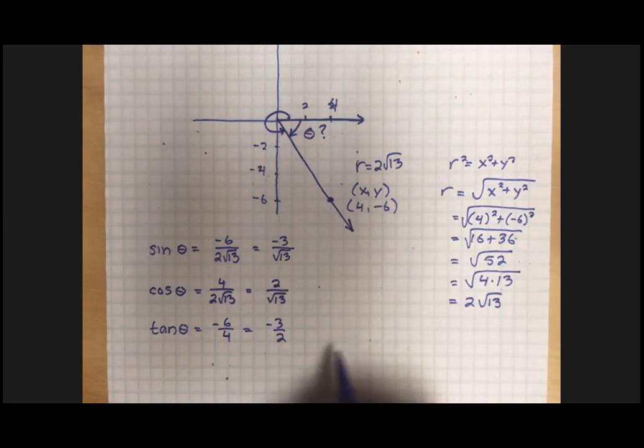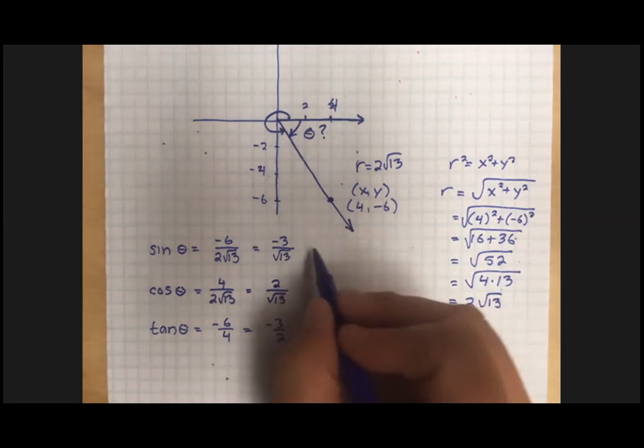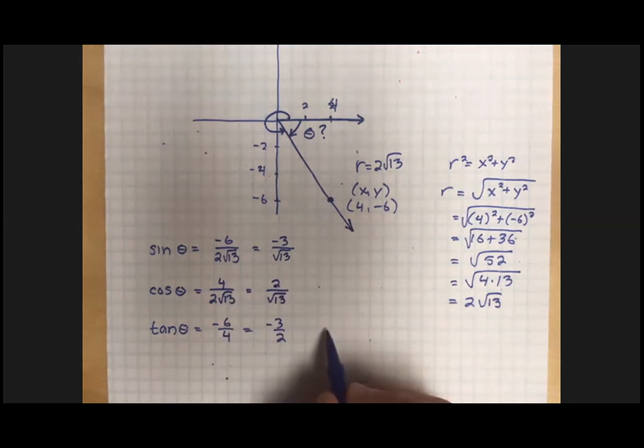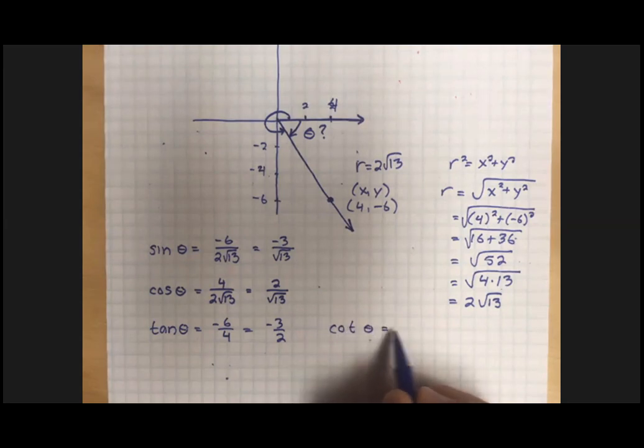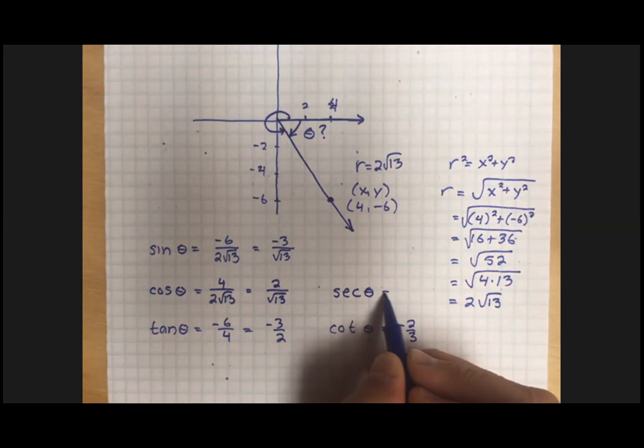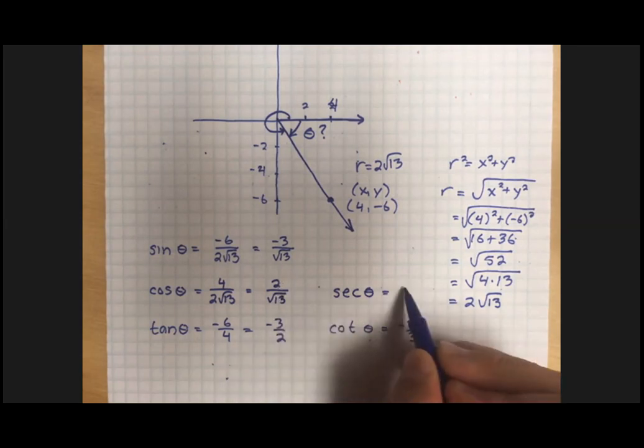And then the other ones, you can just run as the reciprocals of these. For example, once you've found what tangent is, then cotangent is just the reciprocal of that. You don't have to do extra work. You just say minus 2 over 3. Once you figure out what cosine is, its reciprocal partner is secant. So instead of 2 over root 13, it's root 13 over 2.